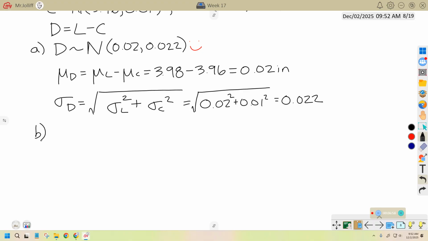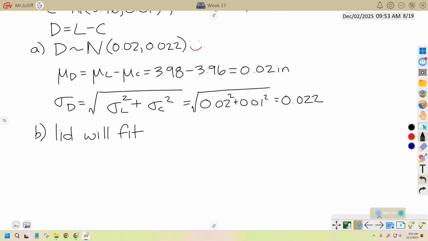So for B, for the lid to fit, we had a relationship between the lid diameter and the cup diameter.